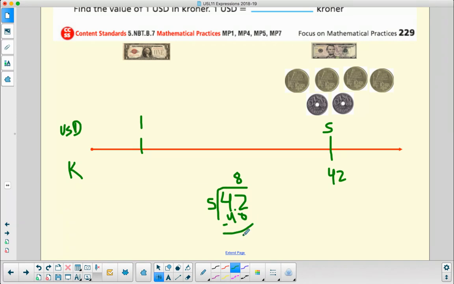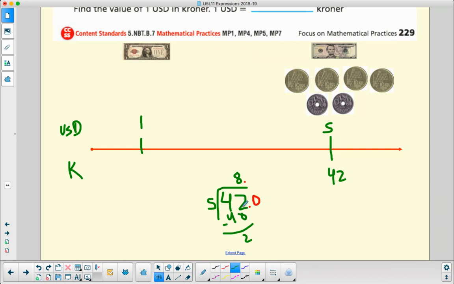When dealing with money and I get a remainder, I'm going to attach a decimal point. Looks like I put one there accidentally. And a 0. It's still 42. Let me get rid of that. Yep, cool.